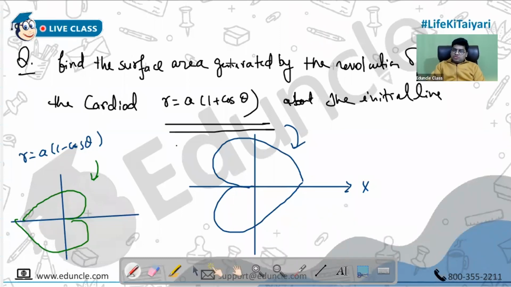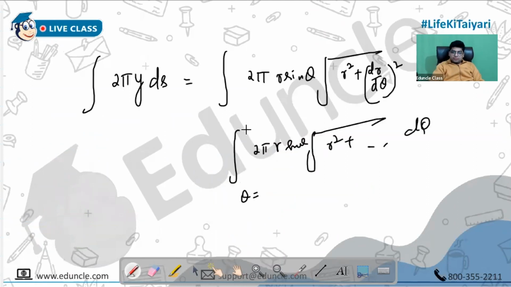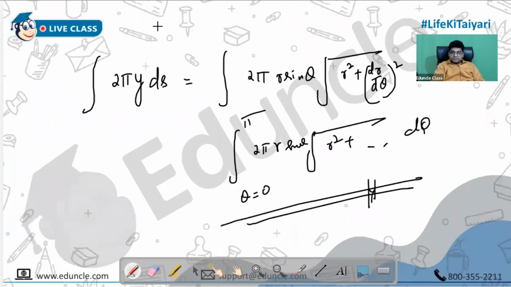Yes. So the geometry is saying that if you rotate, it will automatically repeat this one. If you take this cardioid's upper half, it will also create the lower half. Yes or no? So the limit must be 0 to pi, not 0 to 2 pi. Sometimes you make mistakes, so don't make this kind of mistake. Am I clear? Done.